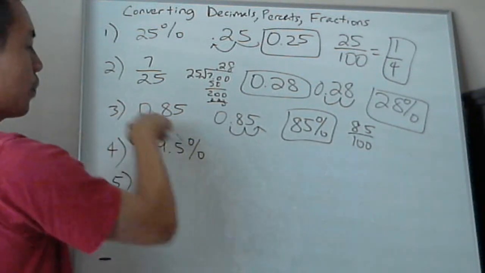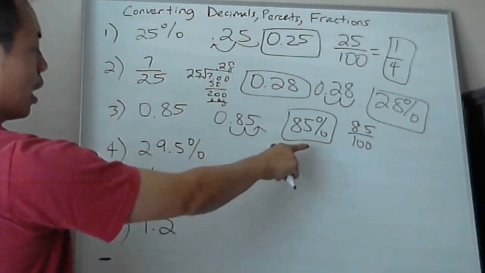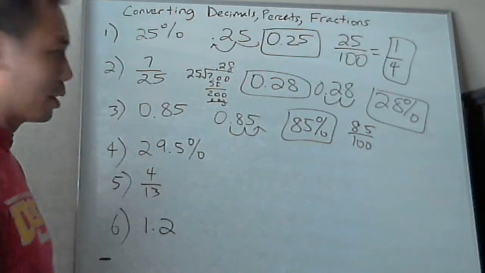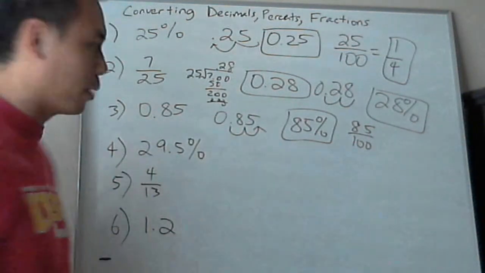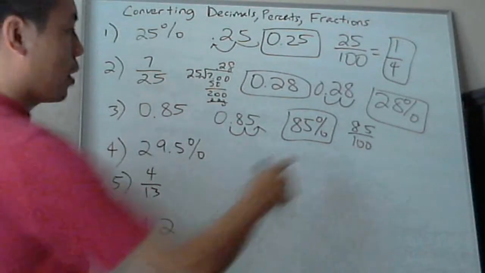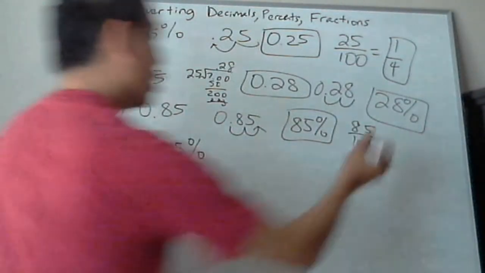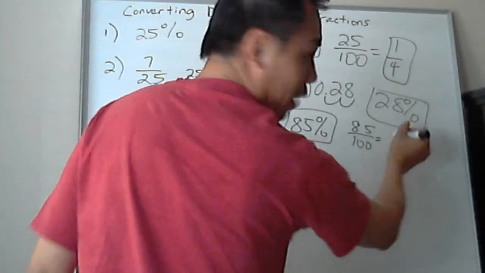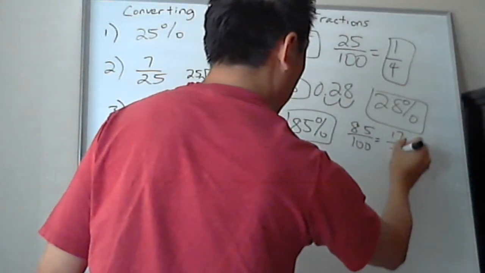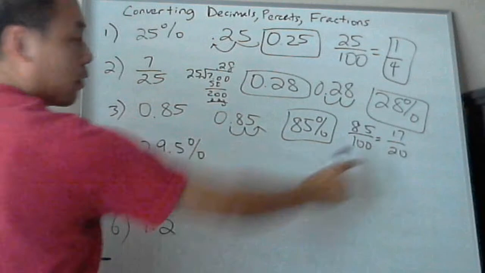I would rather change it from a decimal to a fraction, or percent to decimal. It's just easier to see it than a fraction. So you get 85 over 100 right here, and then you can reduce that because they're divisible by 5. So 85 divided by 5 is 17, and 100 divided by 5 is 20.